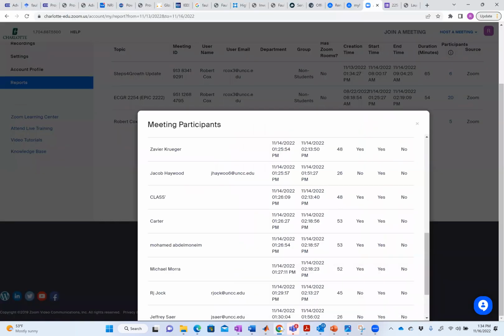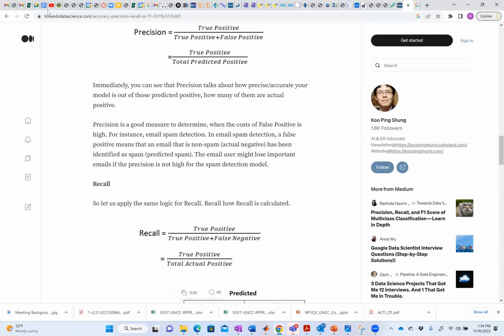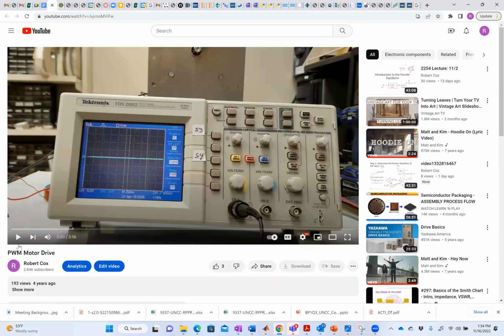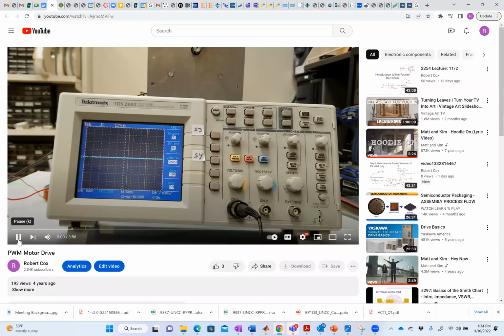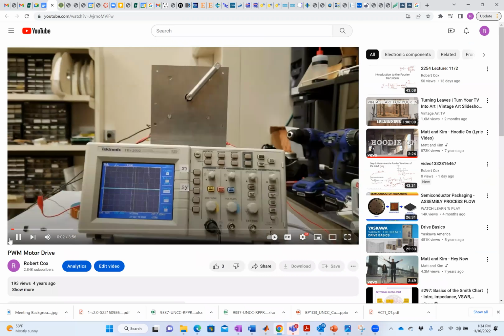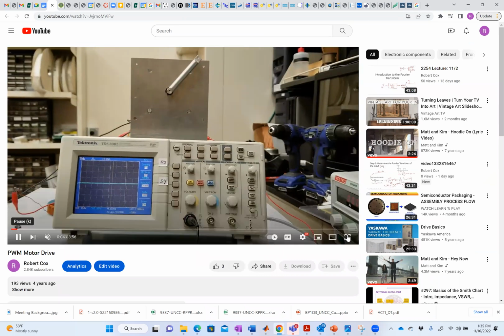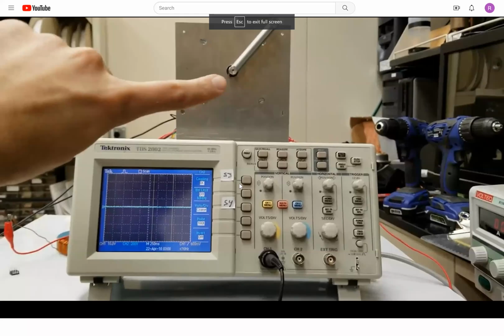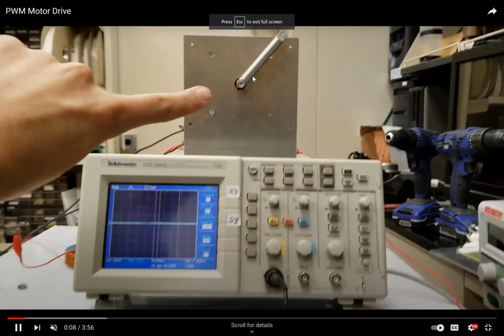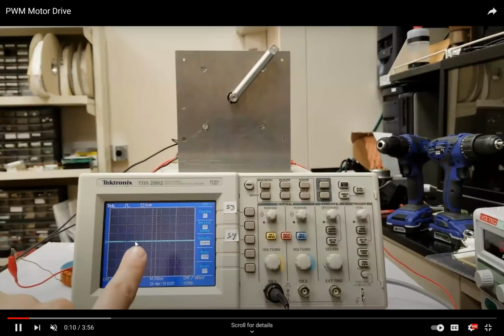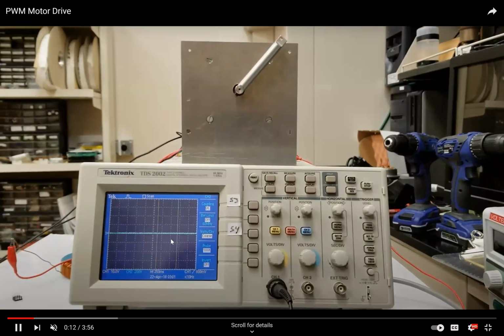So I had, let me see. All right. And I don't want to listen to myself. So, all right. So what I've got is a DC motor, and then what I'm going to show here is the voltage that I'm applying to it.